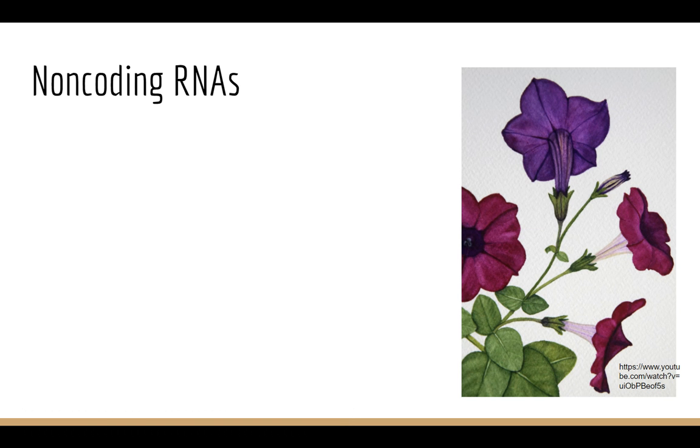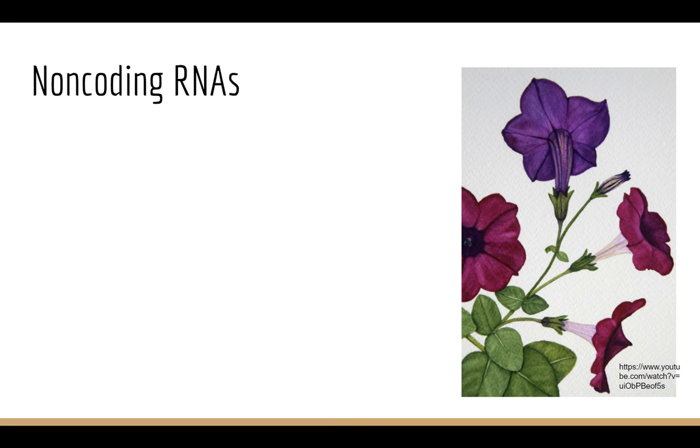For a long time, scientists just thought that in between the sequences of DNA that code for polypeptides, there were just big long stretches of junk DNA that didn't do anything. Well, scientists are now figuring out that a lot of that junk DNA actually codes for small RNA molecules that have purposes in the cell.